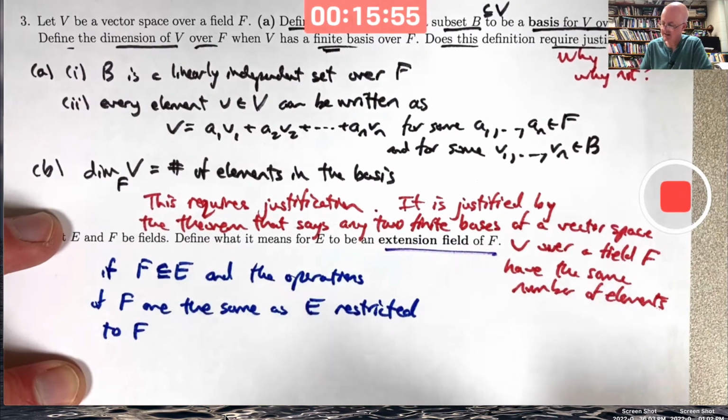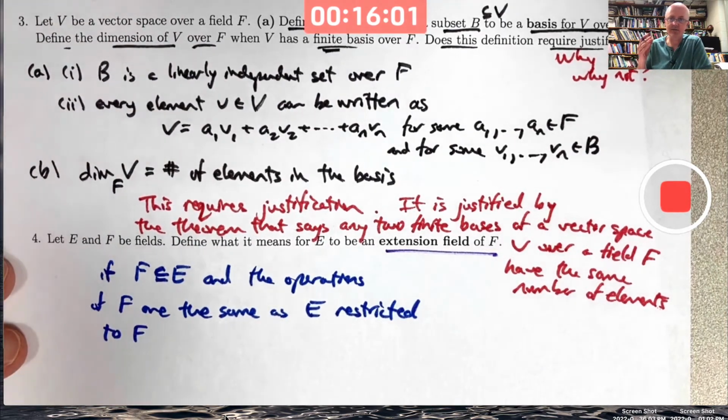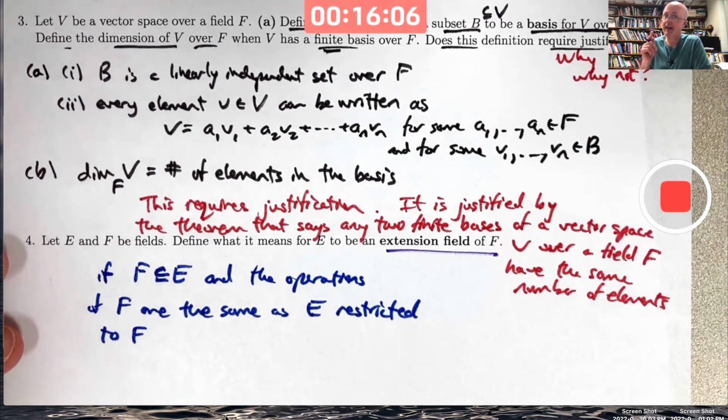And by operations, I mean in a field, not a vector space now. In a field, the operations of addition and multiplication. Not scalar multiplication. I didn't say scalar. I said the operations of addition and multiplication in the field are the same.